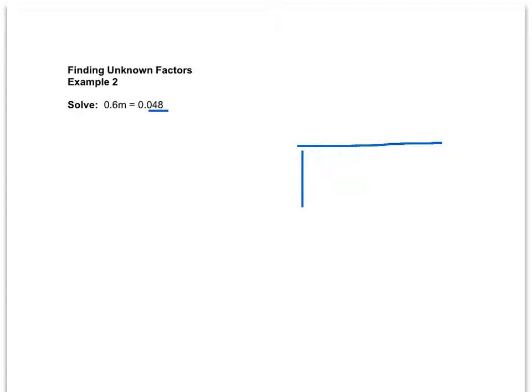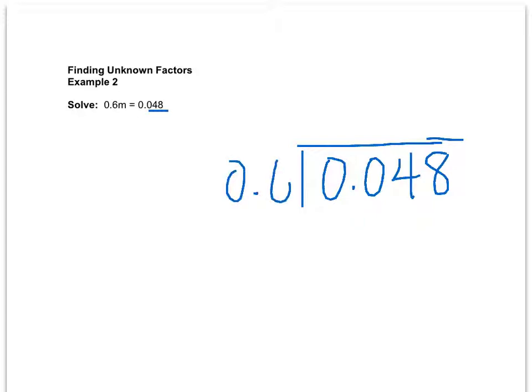So let's write our problem. Here's the dividend. And then the known factor becomes our divisor. And the missing factor is what's going to be the quotient. So it would go up here in our problem. But I'm going to go ahead and erase that so we can work our problem.